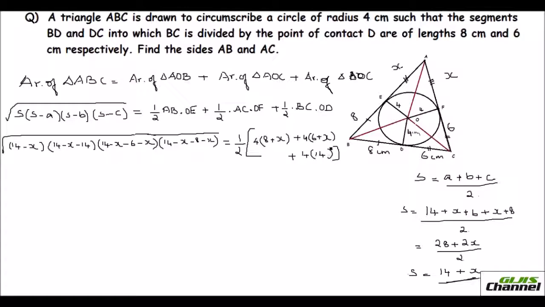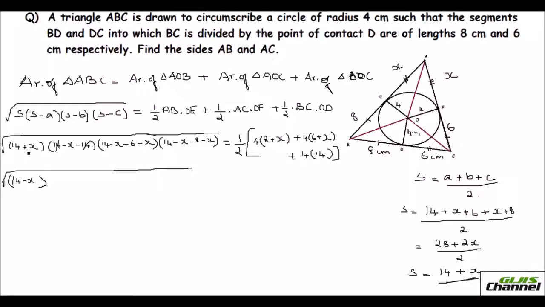Yeah, this is done. Now here let us simplify this side. So this would be the square root of 14 minus x. I write it as it is, 14 minus x here. And you find that the 14 and 14 will get cancelled here, right? Oh sorry, this is not 14 minus x, it is 14 plus x.